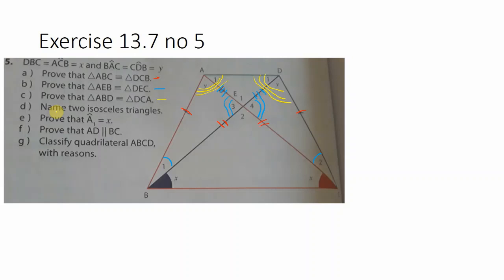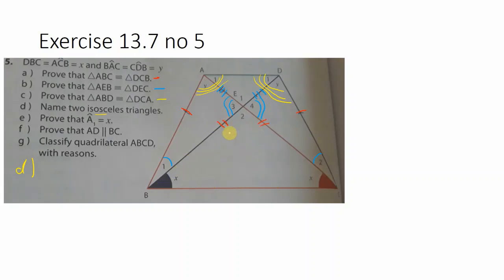So now that we know that, number D, we need to name two isosceles triangles. Isosceles, we know, is where two sides of the triangle are equal length. I see already here we have an isosceles triangle with these two legs equal.